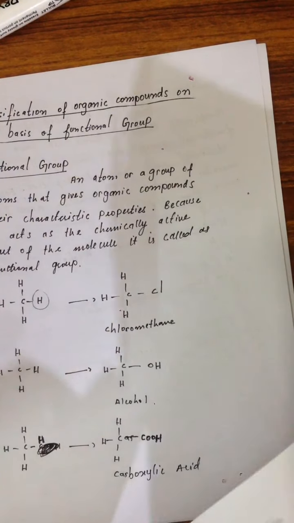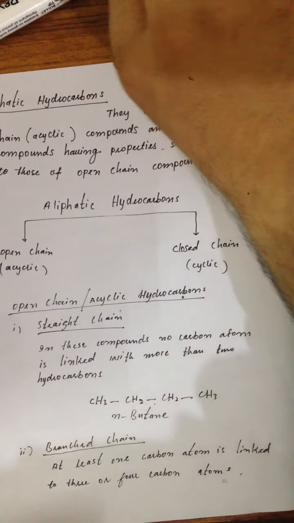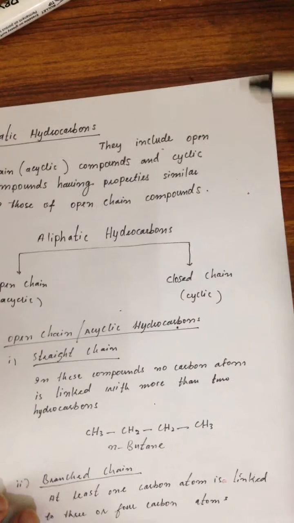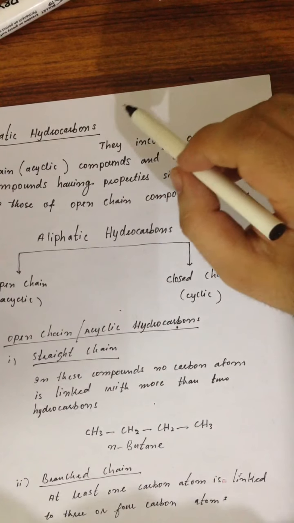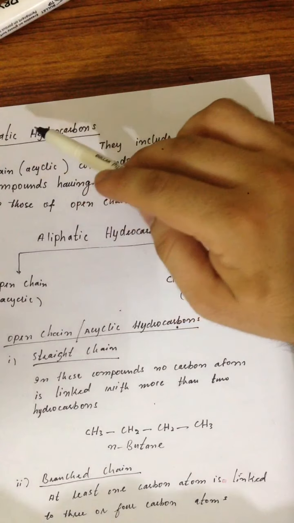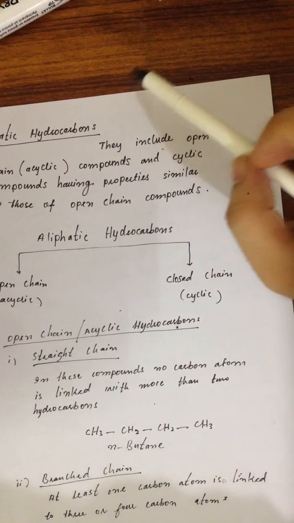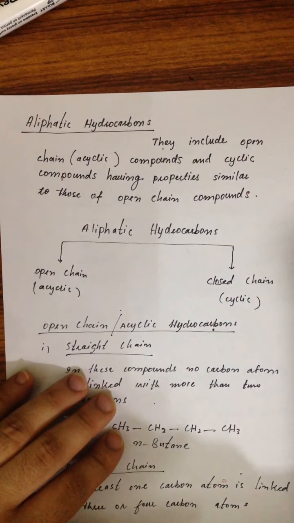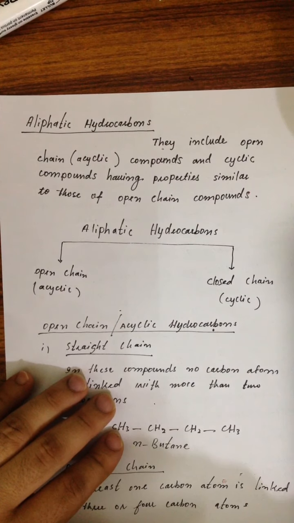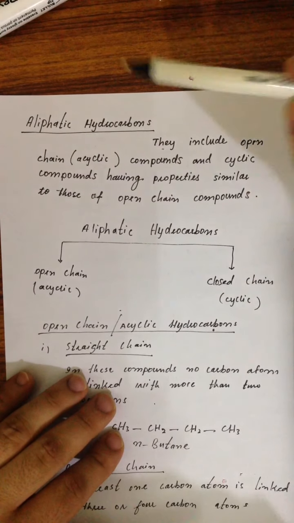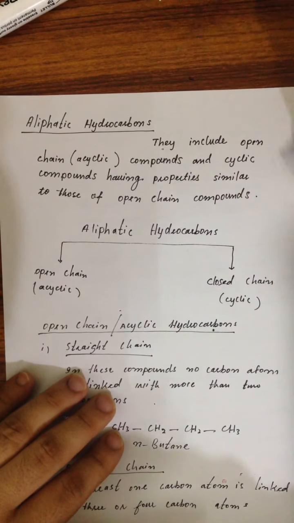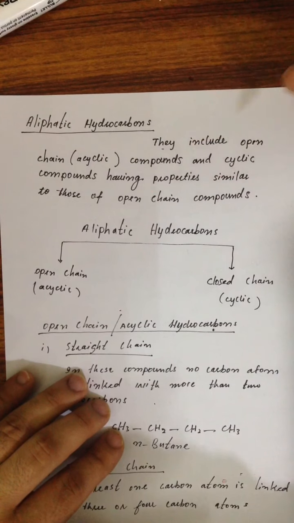Let's move forward. Let us talk a little bit about these aliphatic hydrocarbons. As we have already studied, aliphatic hydrocarbons are those compounds in which carbon atoms are arranged in the form of a chain.